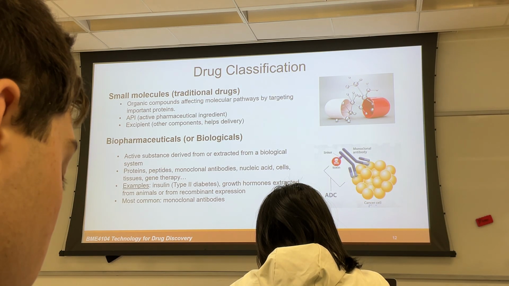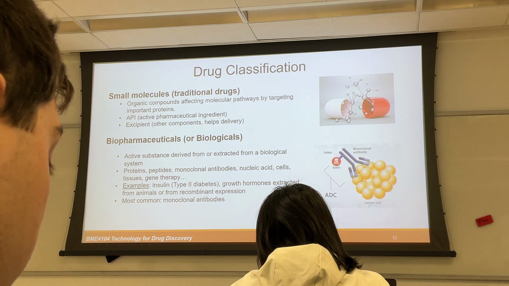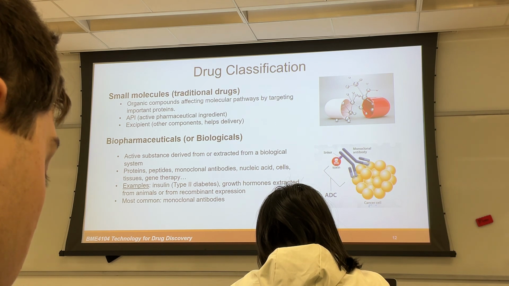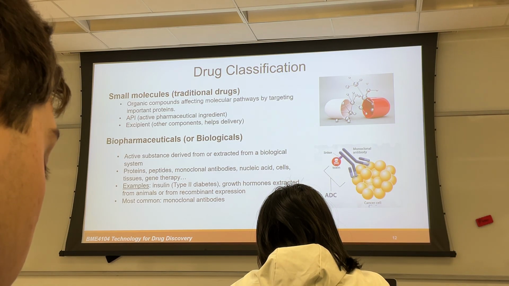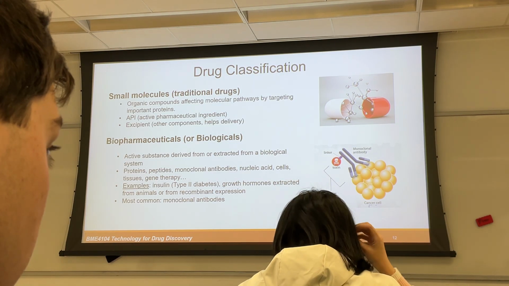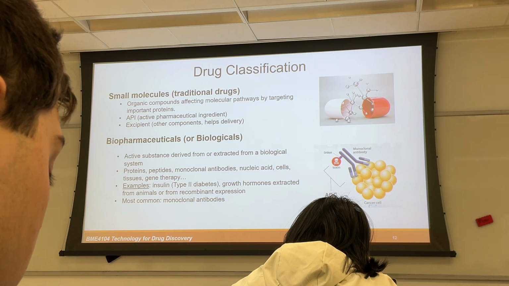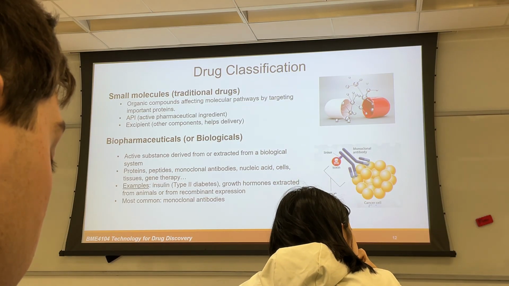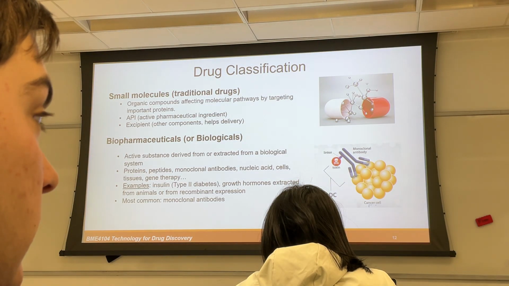All right, so that is one type, and another type is called biopharmaceuticals, or biologics in short. That is a relatively new type of drug, developed maybe in the recent 50 years. In contrast to the small molecule drugs, you can imagine it is a big molecule drug. By big, I mean it's not a small organic molecule anymore.